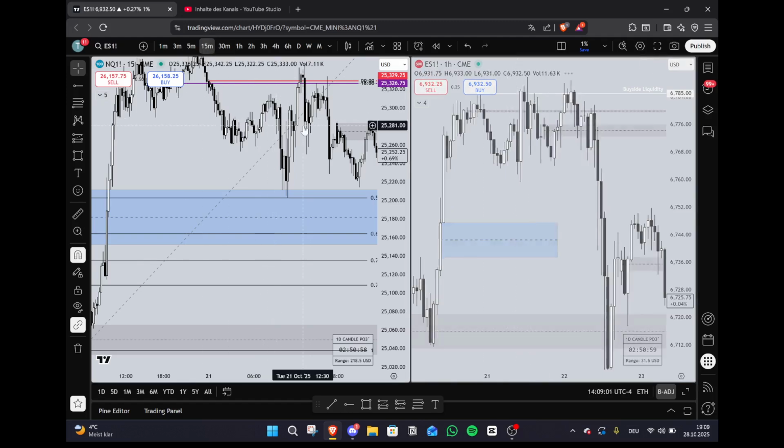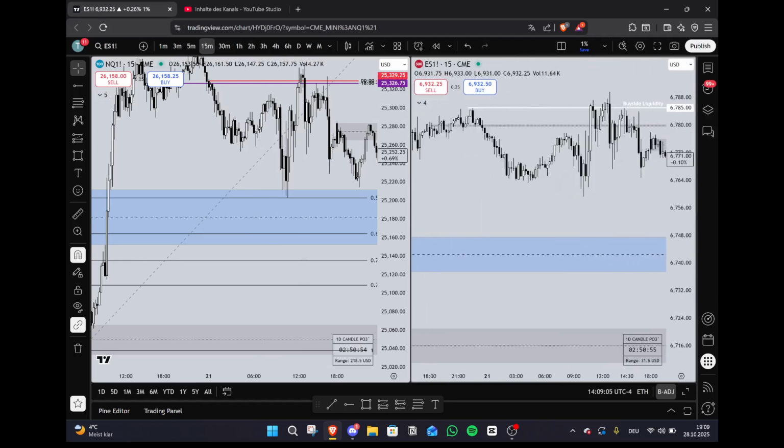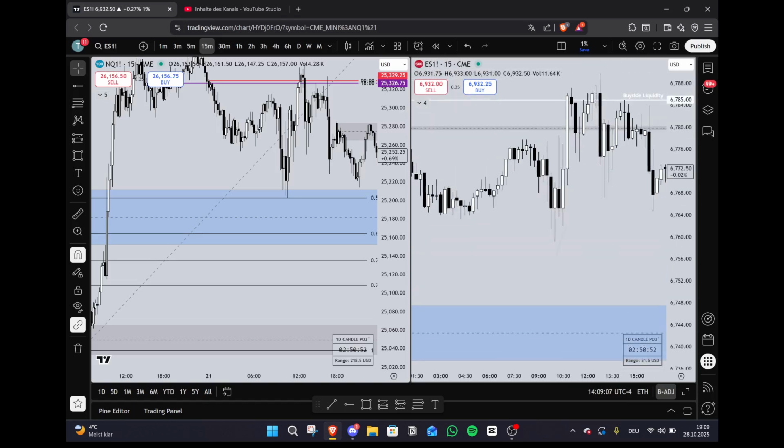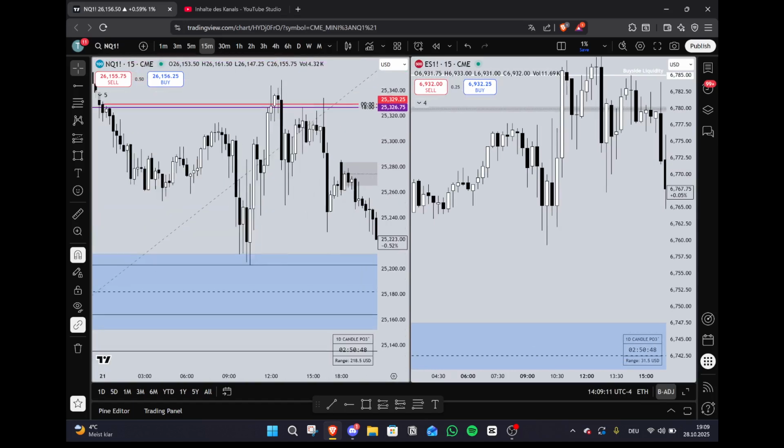I'm gonna compare both charts so you can see. Right here we see ES and NQ both traded lower. Keep in mind this is the gap we want the price to get back into. We can see price swept liquidity because every gap is a liquidity point.